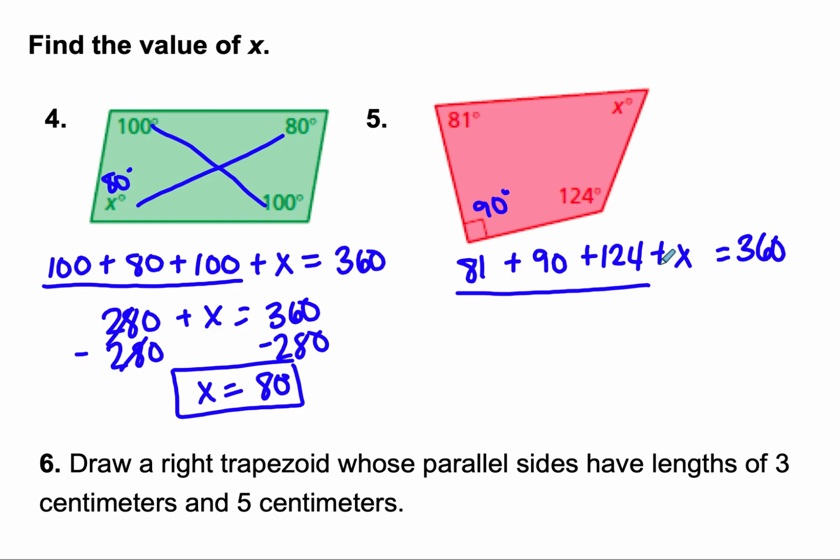So 81 plus 90 plus 124 gives me 295 plus x equals 360. Then I am going to subtract 295 from each side. All right, and then I'm going to do 360 minus 295, and that's going to give me a total of 65.